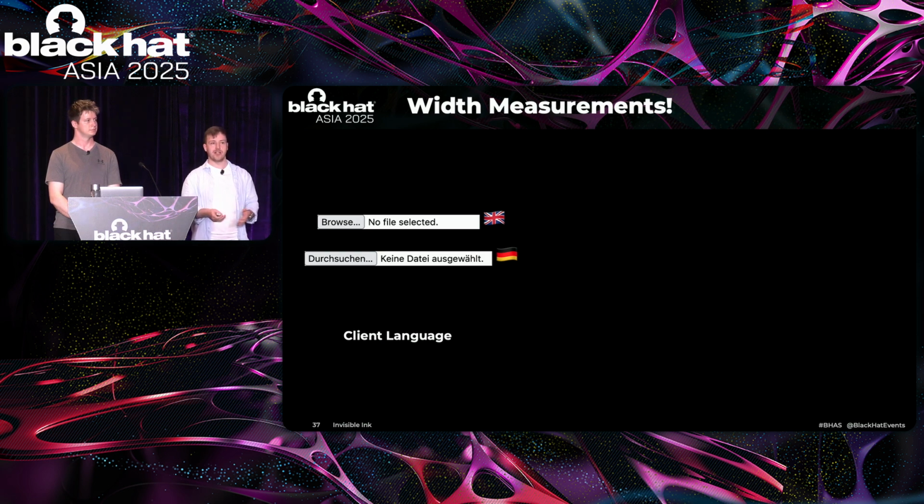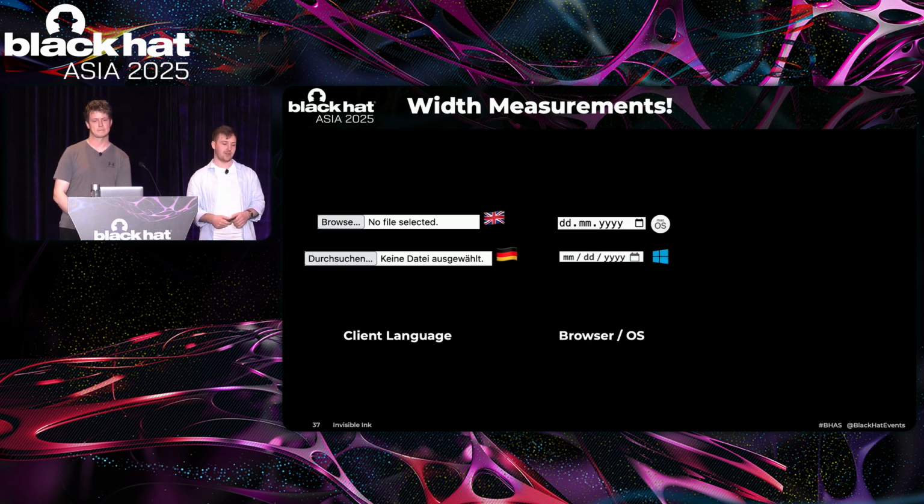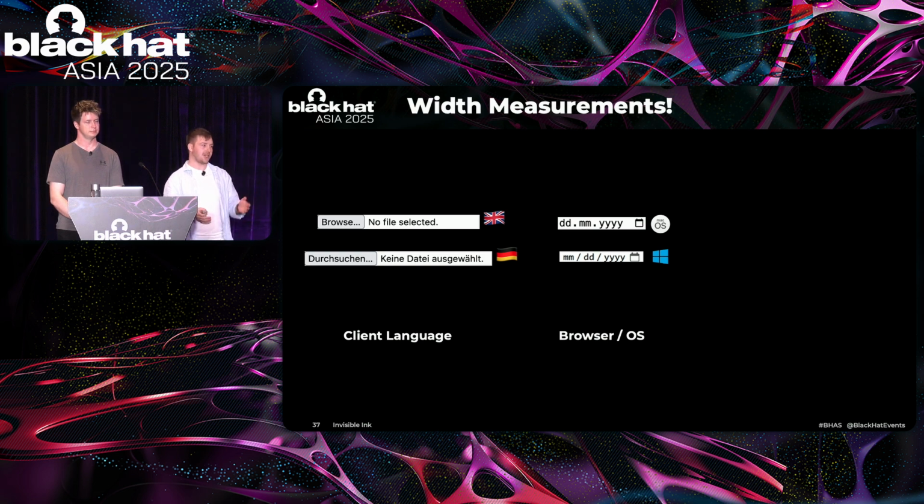This is actually quite unique for most languages, since you can also scale that and make it measurable for basically arbitrary languages. Then you can also take a look at browser and operating system combinations. For example, on macOS and on Windows, the browsers look a bit different with respect to the default elements, since they want to match the look and feel of the rest of the user interface. And this is again something that we can measure if the proportions differ.